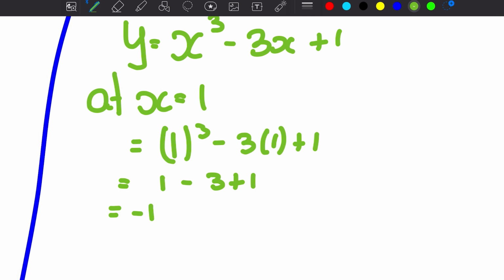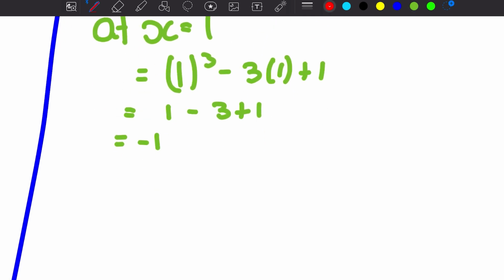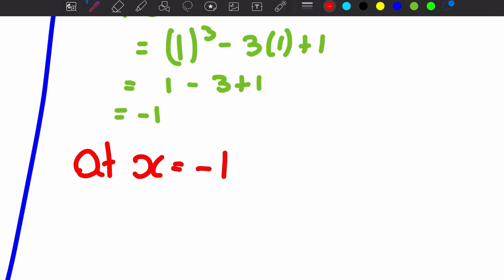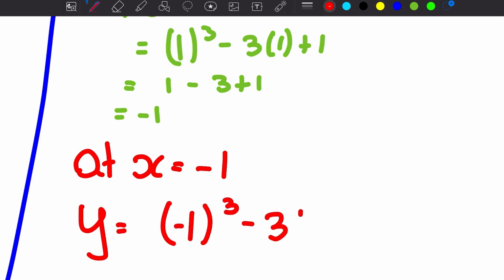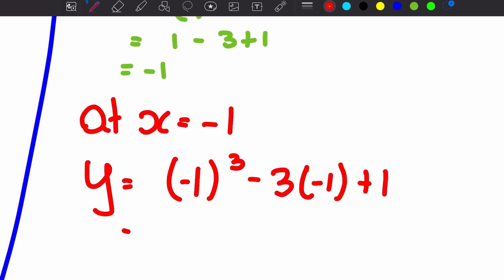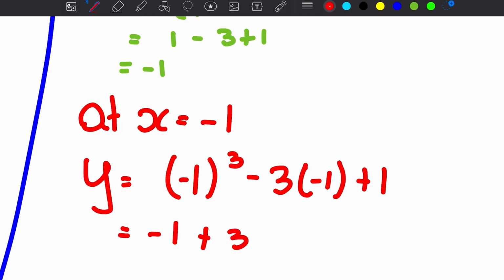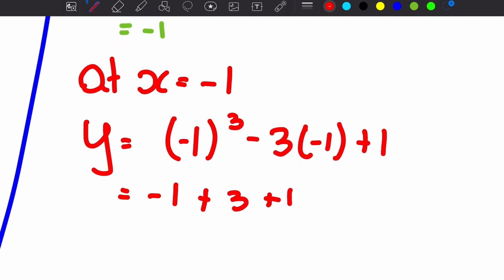And separately, at x equals minus 1, y equals minus 1 cubed minus 3 times minus 1 plus 1, which is minus 1 plus 3 plus 1. This is just equal to 3.